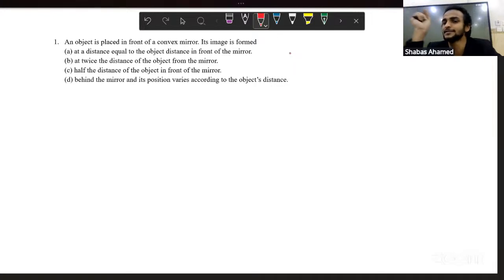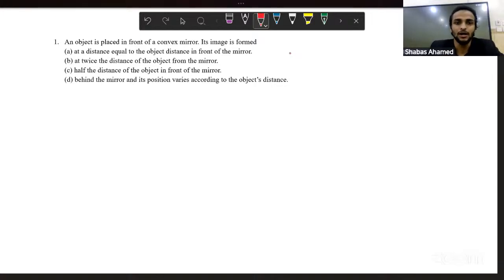So today we will discuss some questions, and many of the students requested the chapter electricity. If we have time at the end of this session, we will discuss all the important concepts and make a small formula chart for the chapter electricity.